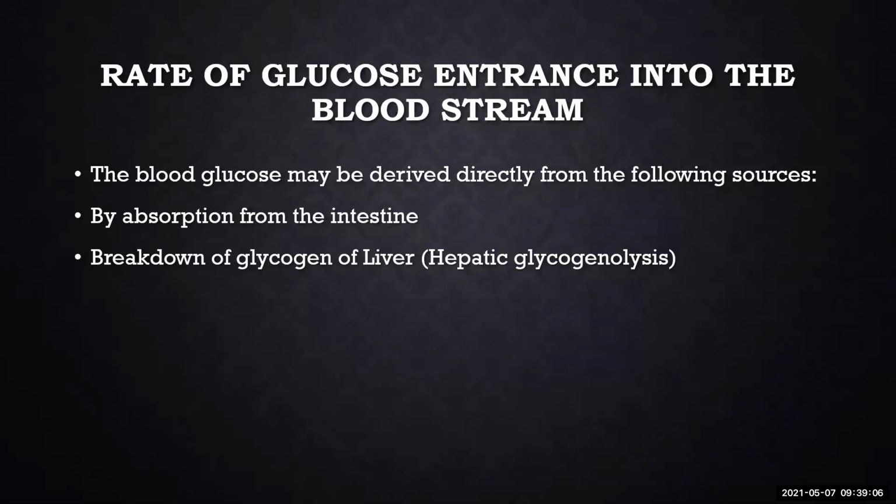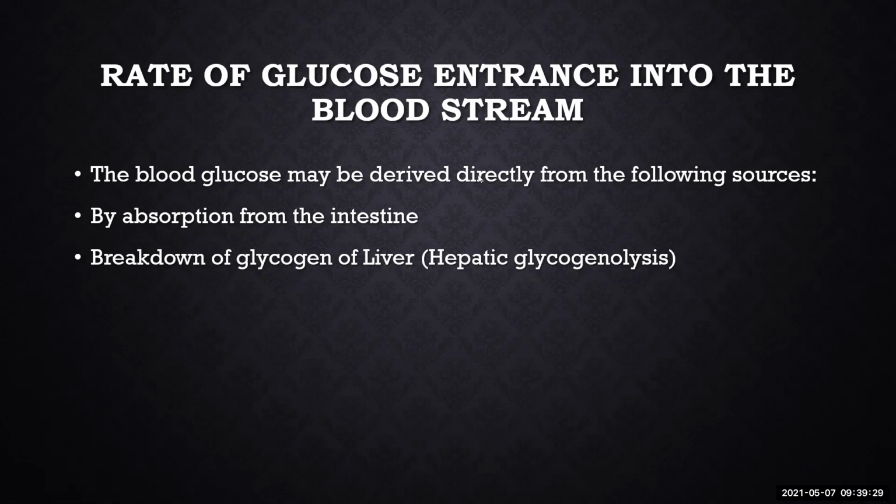It is stored as glycogen, first of all in the liver; when the space in the liver is full, it will be stored in muscles. So first, whenever our body requires energy after a prolonged fasting state, there is breakdown of glycogen stored in the liver. This process is called hepatic glycogenolysis.